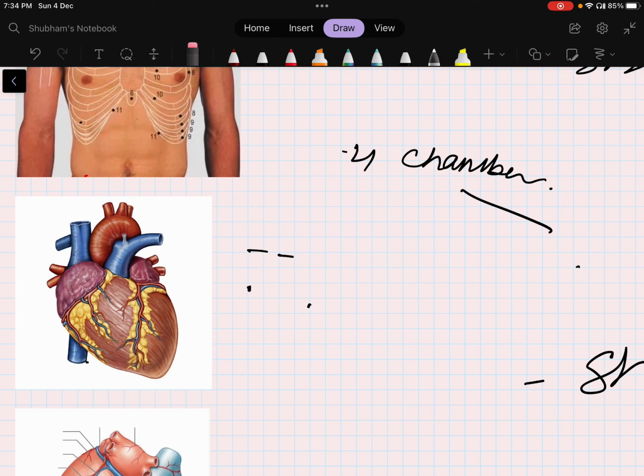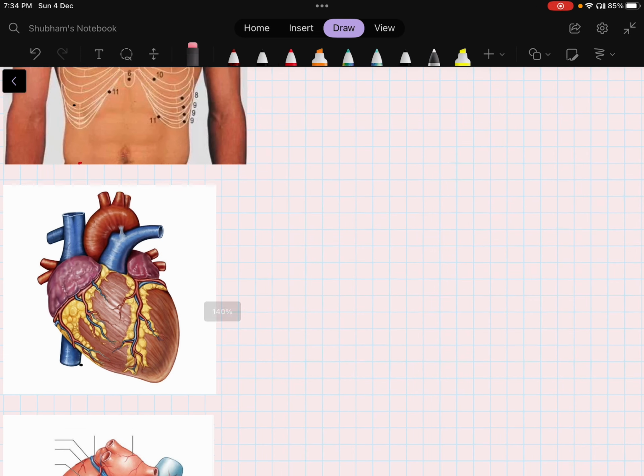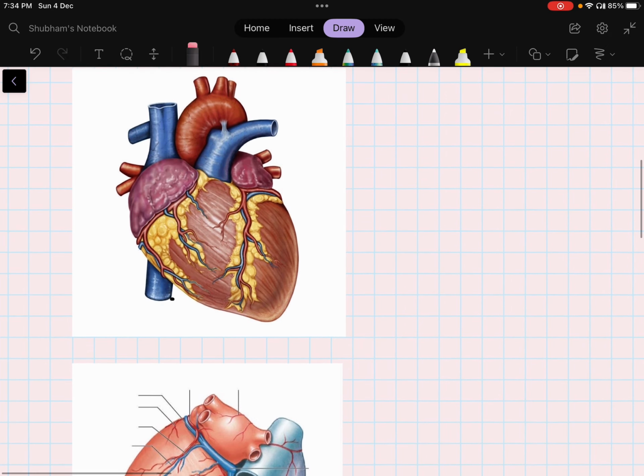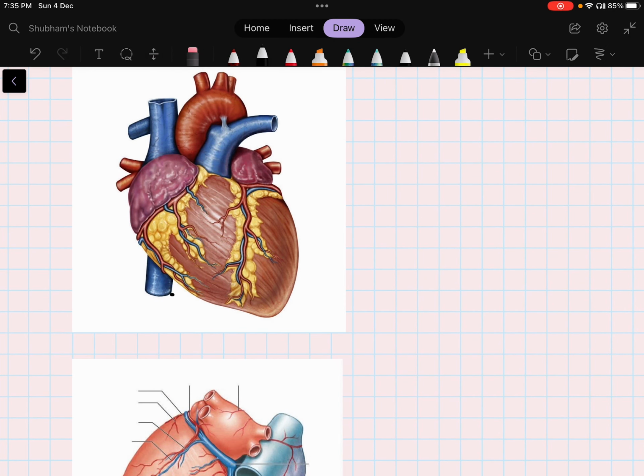The right ventricle and left ventricle are supposed to be our major chambers, and they are part of a very huge functionality of our heart. This is a bit off topic, but even if the atria are not able to pump or are not working electrically, the patient may survive, because this is the basic flow.